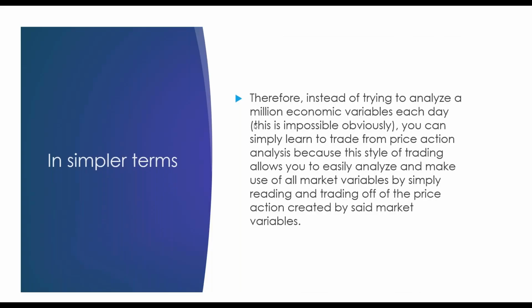Therefore, instead of trying to analyze a million economic variables each day, which is obviously impossible, you can simply learn to trade from price action analysis, because this style of trading allows you to easily analyze and make use of all market variables by simply reading and trading off the price action created by the market.